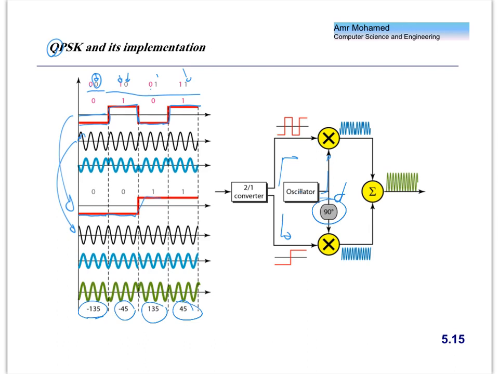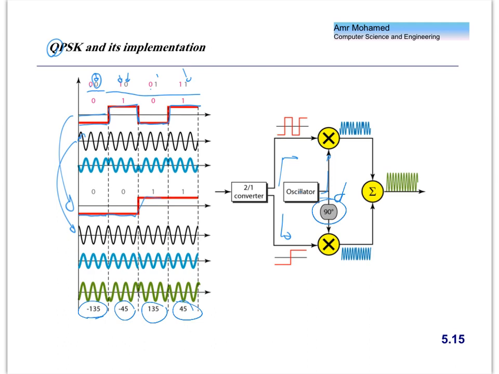Okay? So by having two binary phase shift keying signals summed together, we can generate QPSK. All we need to do is shift one of them by pi/2. Which means that pi/2 is the distance between one symbol and the other.